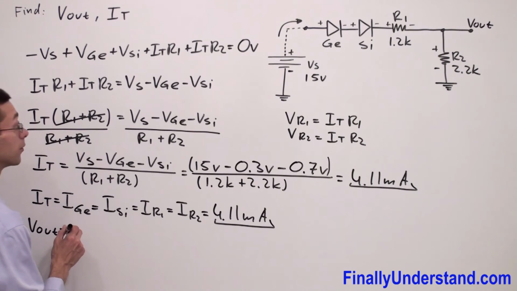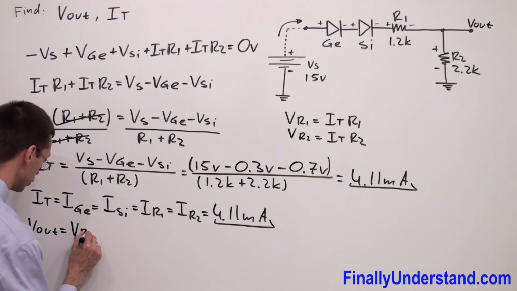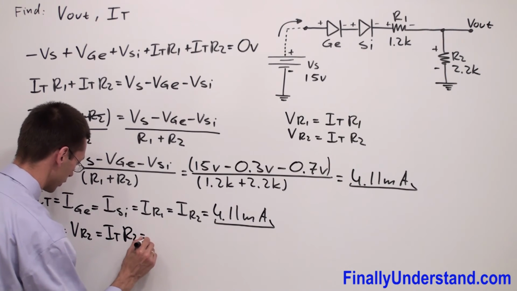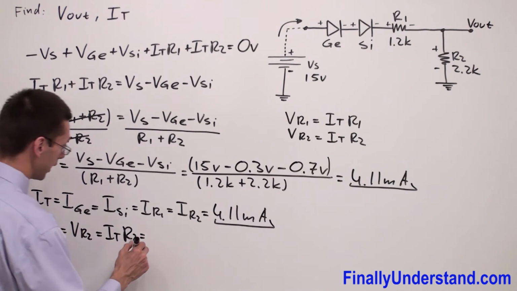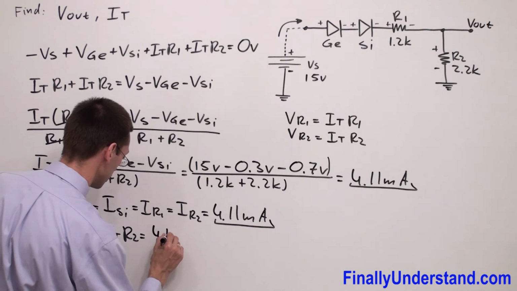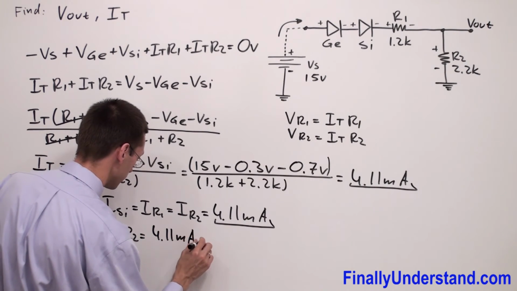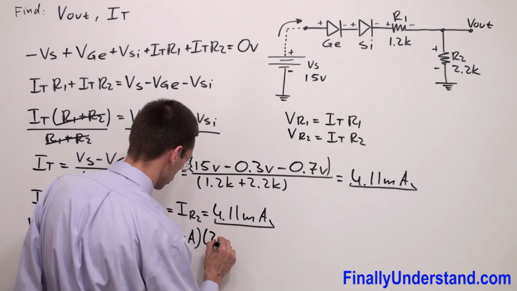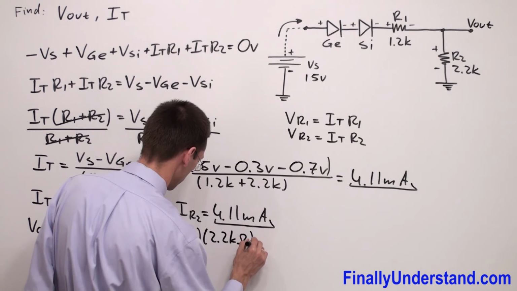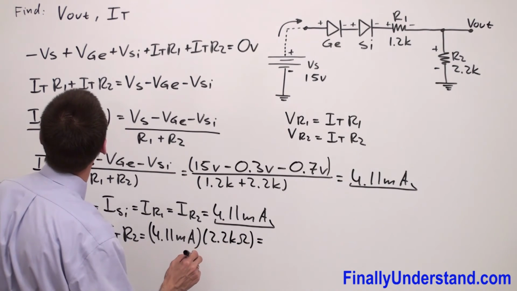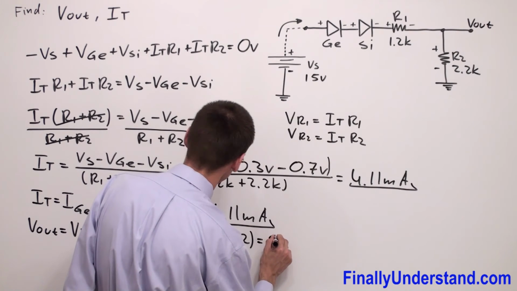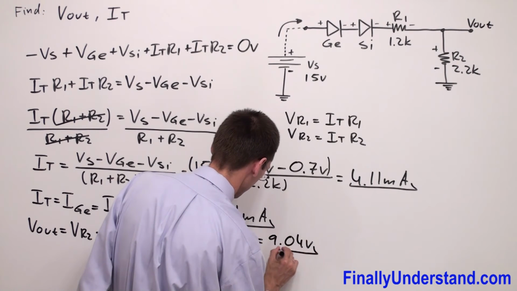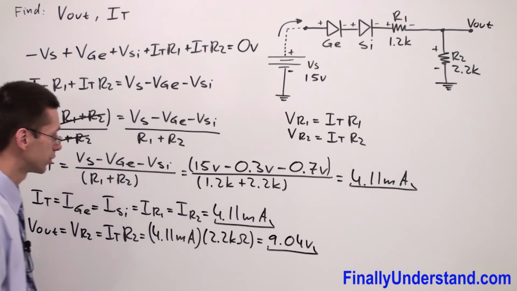So this is equal to VR2, which is I total times R2. I have I total 4.11 milliamps times R2, which is 2.2 kiloohms, equals 9.04 volts. Okay? So this is one way to do it.